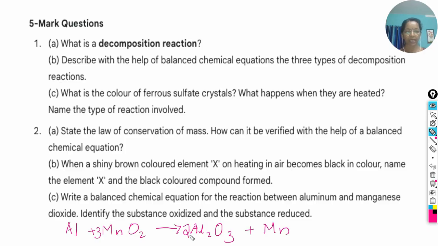When we have 2 and 3 on LHS and RHS, we have to reach the LCM. 6 is the LCM, so we will make it 6 on both sides. Oxygen is now 6 on LHS, 6 on RHS, so oxygen is balanced. Now aluminum changes to 4, so we add a 4 over here. Then manganese has to be 3 over here. This is the balanced chemical equation for the reaction.